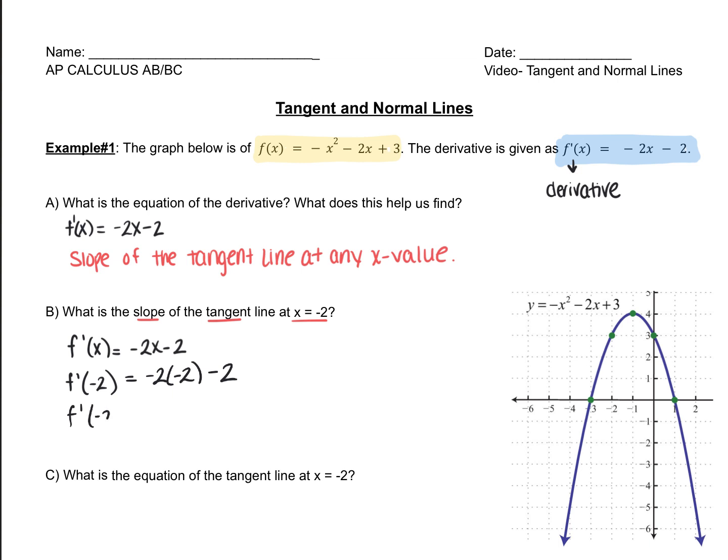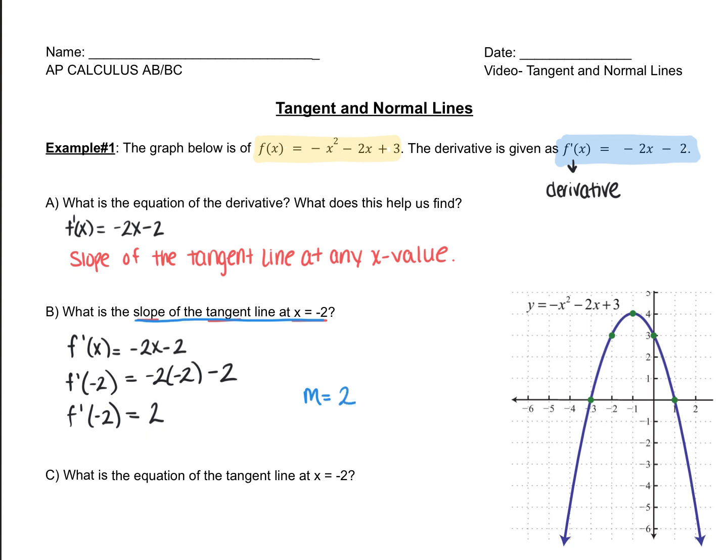So f prime of negative 2 equals, what's this, positive 4 minus 2 is 2. So what we just found is the slope of the tangent line at x equals negative 2. So the m value, my slope, is 2, right?